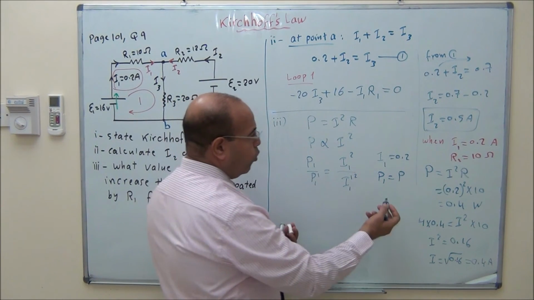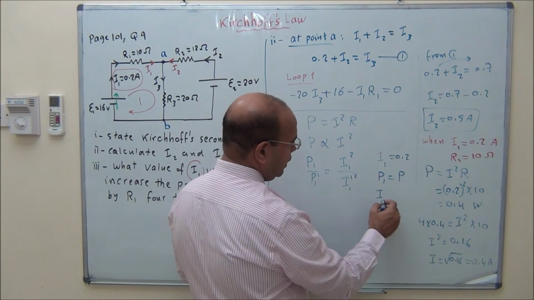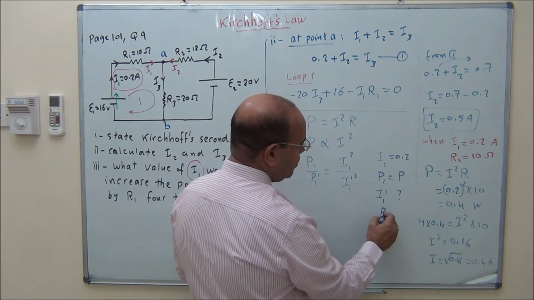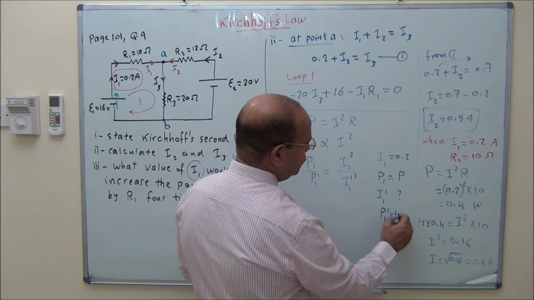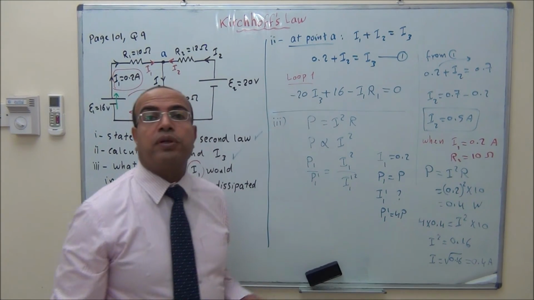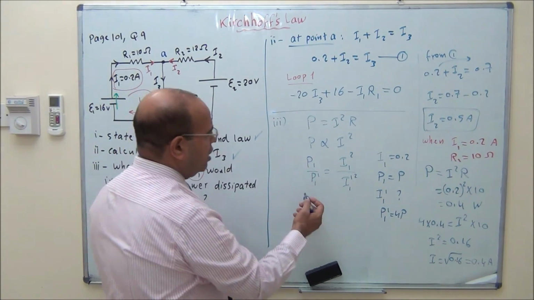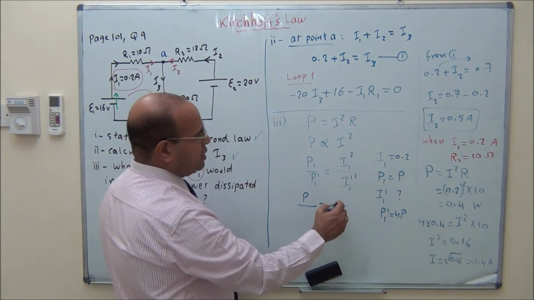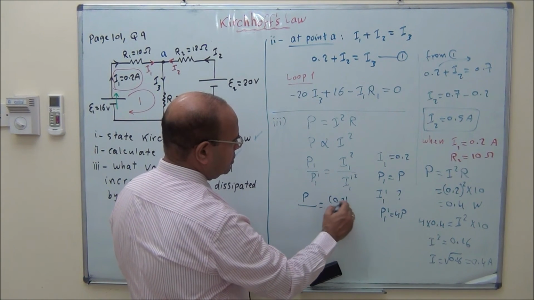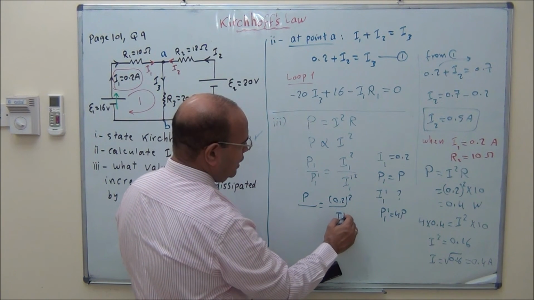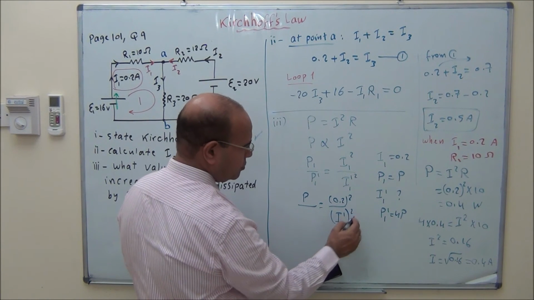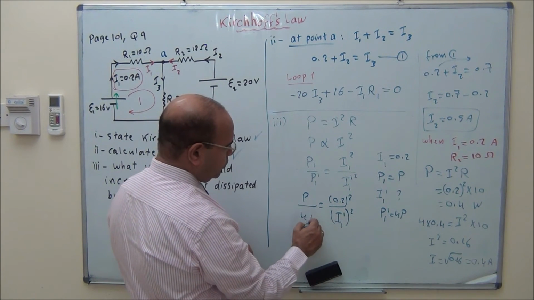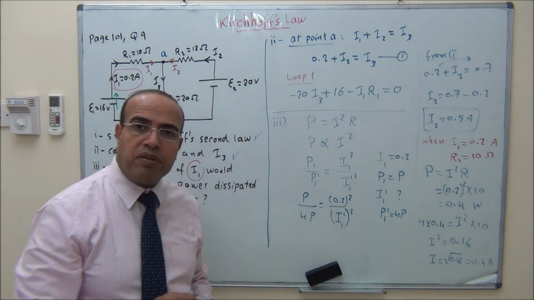What is the new current, I1 dash, when the power is 4 times the power? Now we do this here. So replace P1 by P, and I1 by 0.2 squared over I1 dash squared. This is the required. And P2 is 4P. What do we do? We simplify.